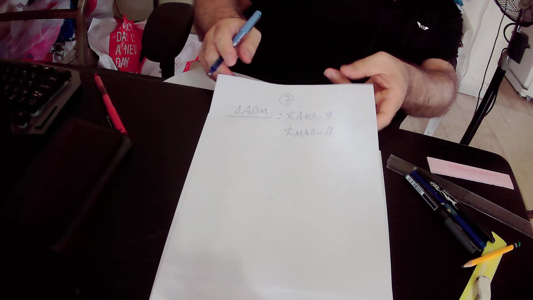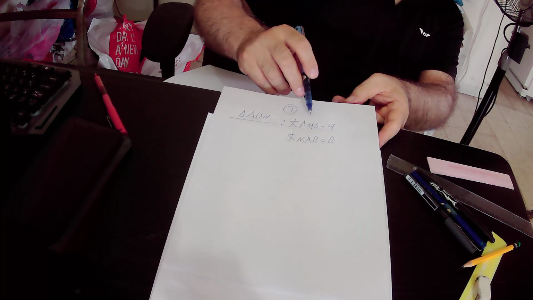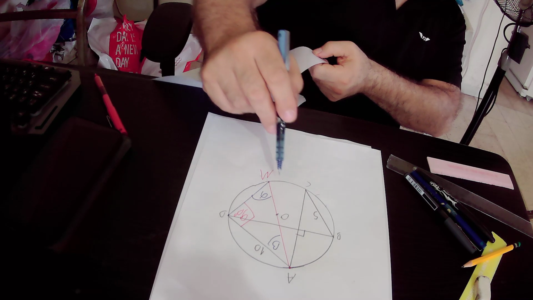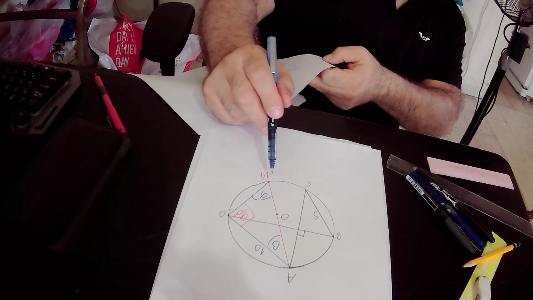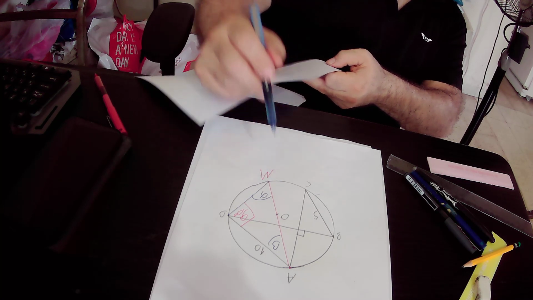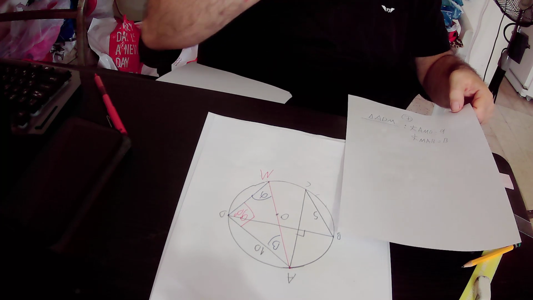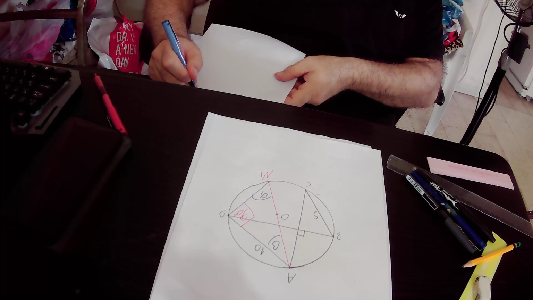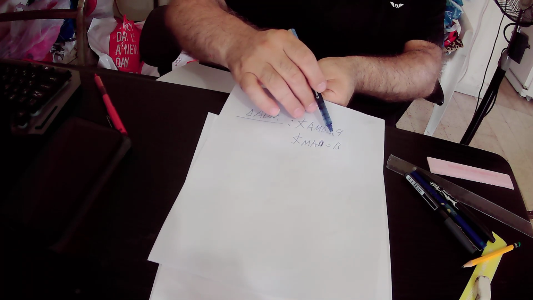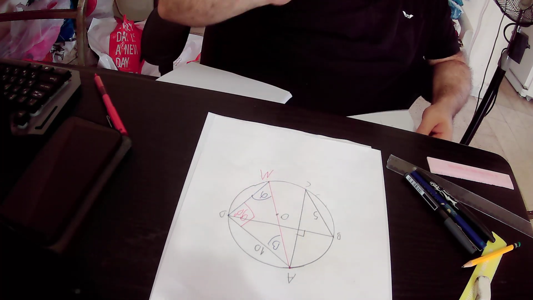Again, in the right triangle AMD, angle AMD equals alpha, and angle MAD equals beta according to our definition.